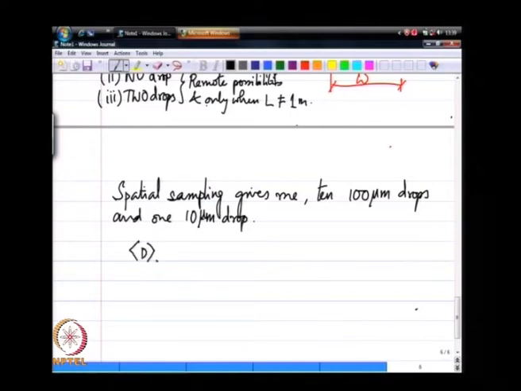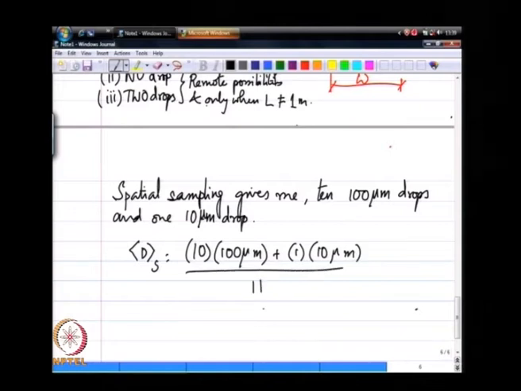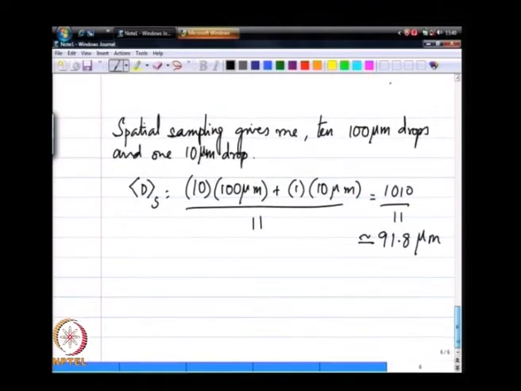So, if I do my spatial mean average, I get approximately 92 microns. If I do the time sampling, let us see what we find.